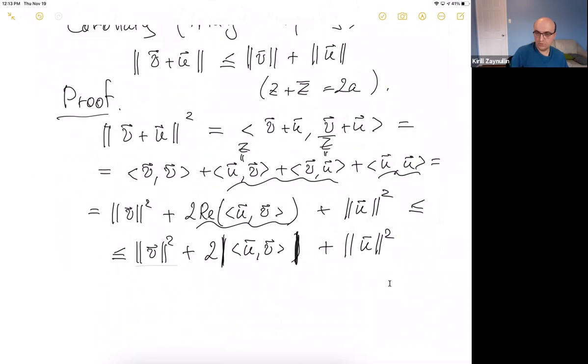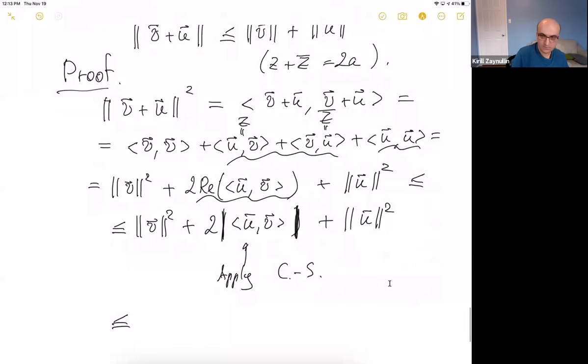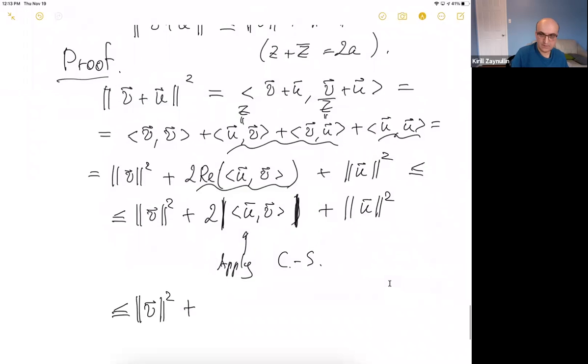But now we can just apply the Cauchy-Schwarz to the middle term. So what do we get? Less or equal than the length of V squared, we just keep it, plus now here we have 2 times the product of lengths, plus the length of U squared.